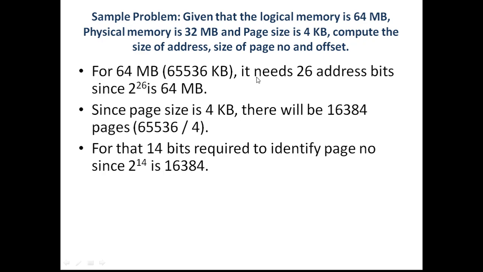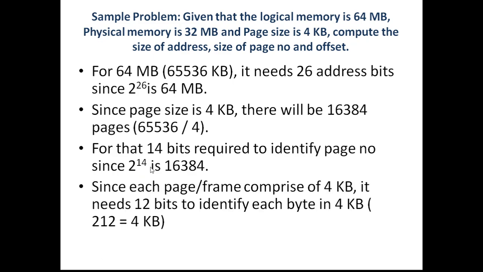So we have got the logical address size. Totally 26 address bits are needed, out of which 14 bits will be used for identifying the page number, and the remaining 12 bits will be used to identify the offset. We already have seen that 4 KB needs 4096 bytes, and that requires 12 bits.